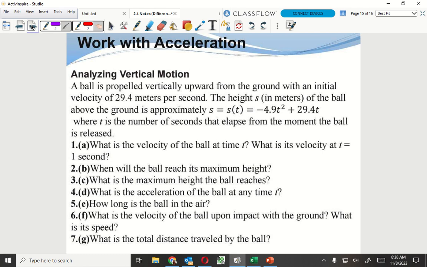So that's the first derivative. The height s of the ball above the ground is approximately s equal to, so that's going to give me my position function, where t is the number of seconds that elapse from the moment the ball is released. What is the velocity of the ball at time t? Okay, so let's take our position function.